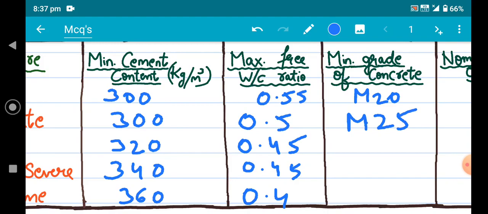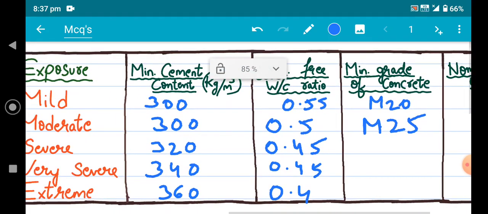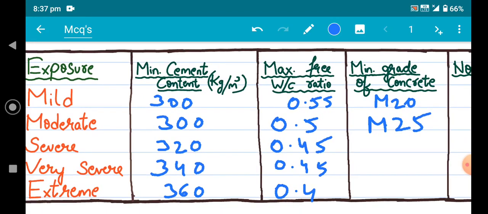For severe exposure, the minimum grade of concrete required is M30. For very severe exposure, the minimum grade of concrete required is M35.